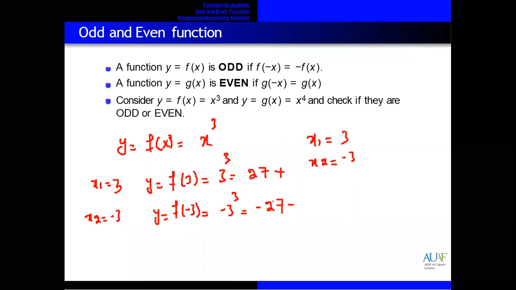This type of function is called an odd function. Same value, plus minus, plus 3 minus 3, one will give you 27, second will give you minus 27. So that function is called an odd function, like f of x1 equal to minus f of x2. Like x1 is positive, but this one is negative. So one gives you a plus number, second one gives you a minus number.